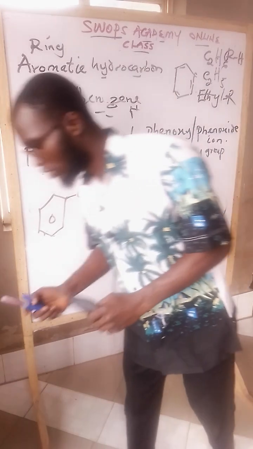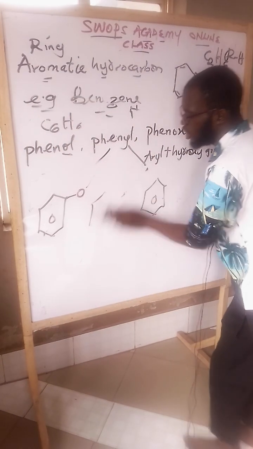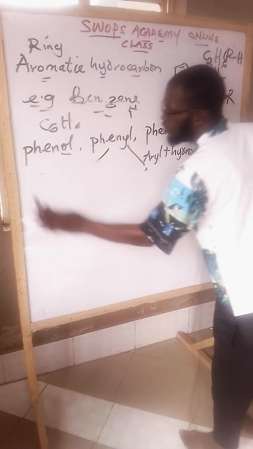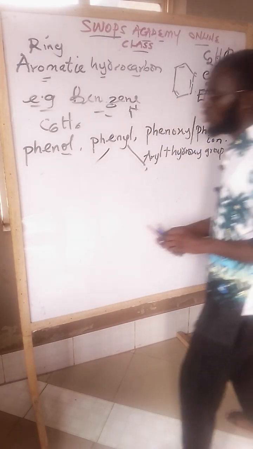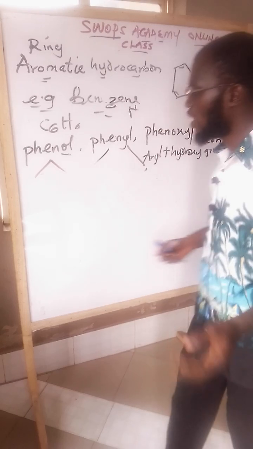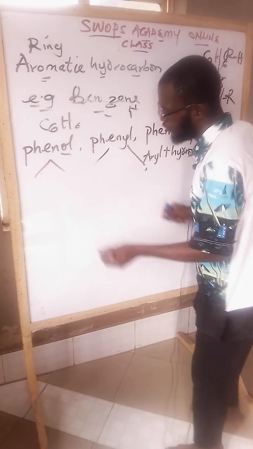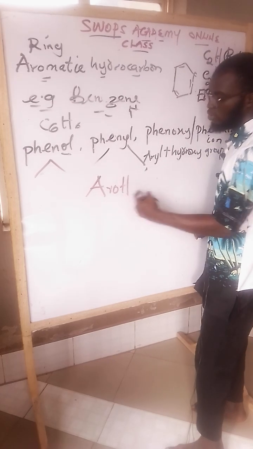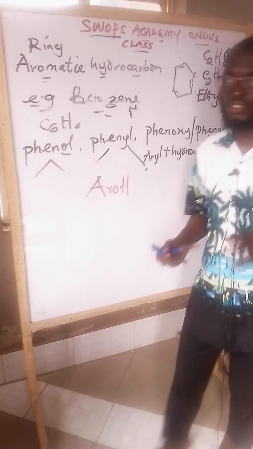Now, since we have gotten that, the next thing to do, let's see the classification of phenol. It is phenol that we will firstly pick. Phenol can be classified into three. I've told you that the functional group to know phenol is AROH.